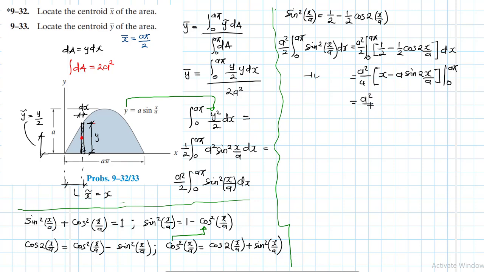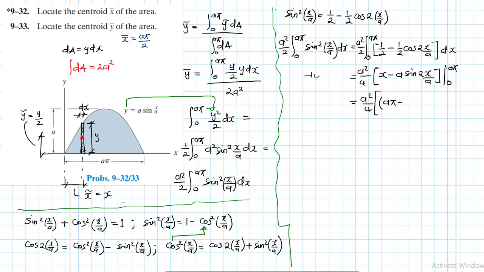We have a squared over 4 times a pi, minus, when we plug in a pi, a and a cancel, then we have 2 pi.